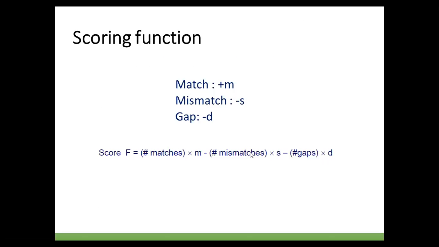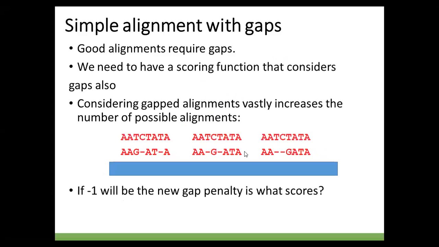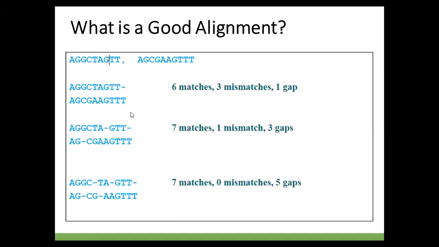So if you look at this gap penalty, you can see here, okay? So the gaps can be at the end. So here the gaps are not marked. So here, gaps can be at the end as well. Gaps can be at the start of a sequence.